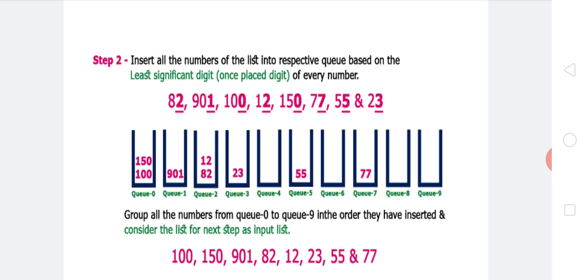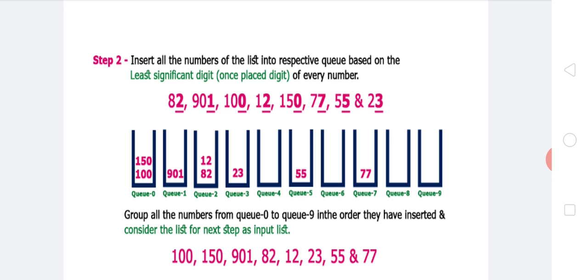In the figure, among Q0, Q1 and Q2, inside Q2 we first insert 82. Now consider 901. Its least significant digit is 1, so 901 is placed in Q1.